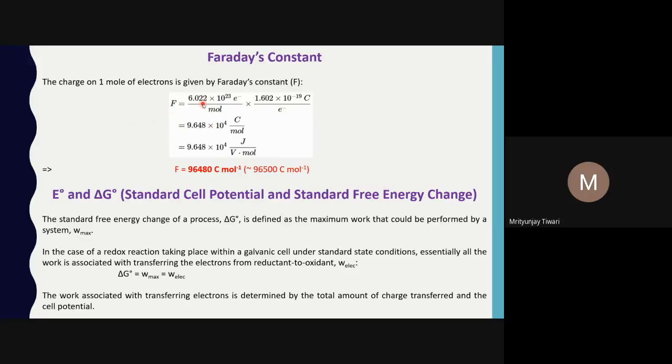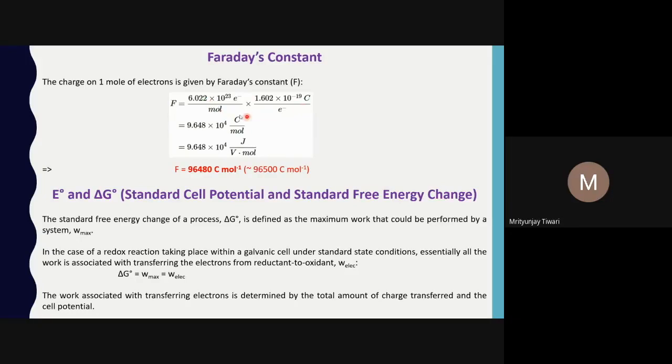And 1 mole of electrons is the Avogadro number of electrons, which is 6.022 into 10 to the power 23 electrons. We call this per mole, because in 1 mole this many electrons will be there, and this much charge will be on 1 electron. So the total charge on the Avogadro number of electrons will be the Avogadro number into the charge on 1 electron.